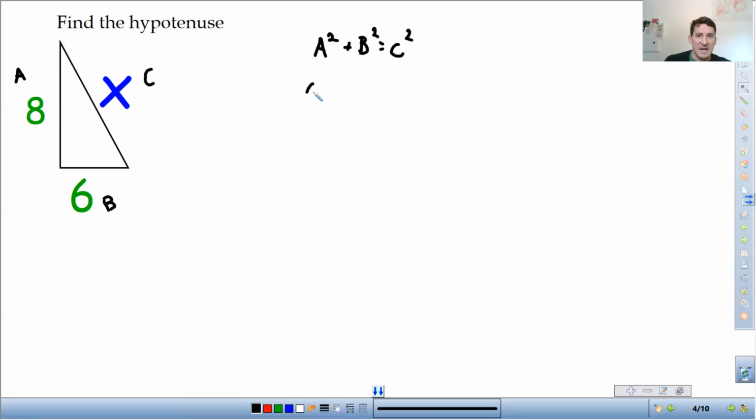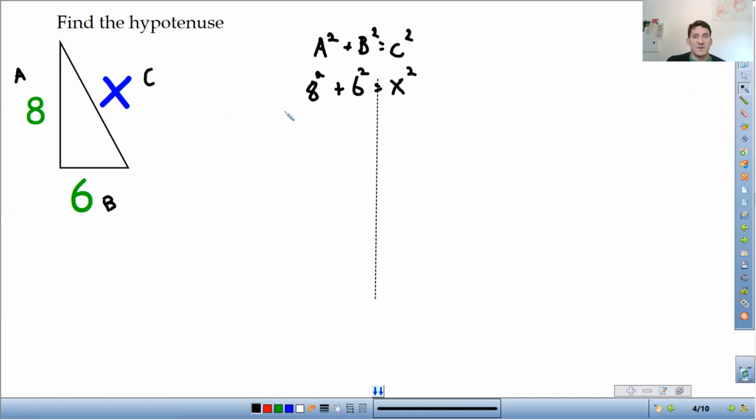So A is 8, B is 6, C is what we're trying to find. That got messy. X. So we are squaring it. 8 squared plus 6 squared is equal to x squared. And then from here, we're just going to solve the equation for x.